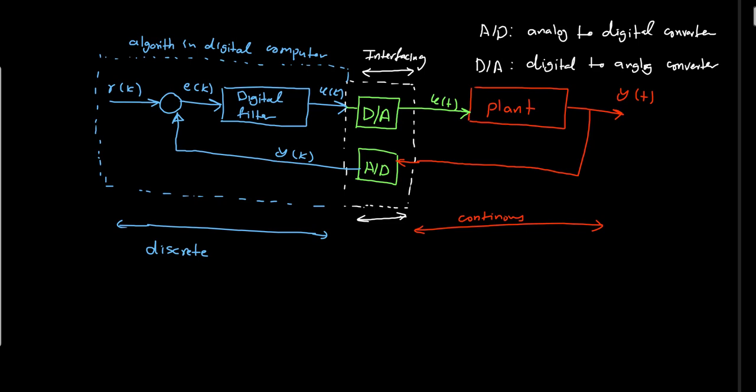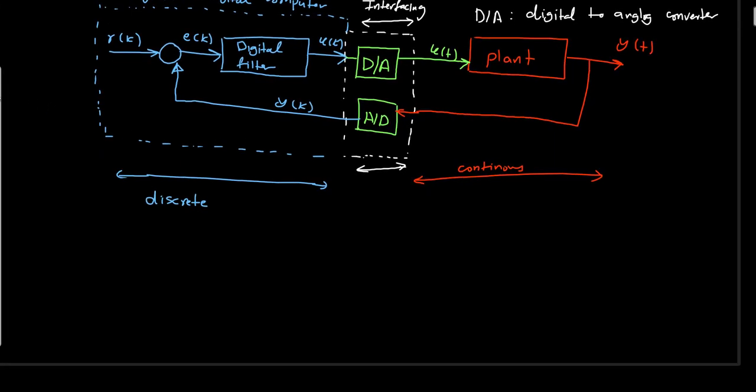Of course, I can have another configuration. One of them, for example, I only introduce, let's assume that I'm doing the comparison in time domain, so this would be R of t. This is Y of t. Here is E of t. Now I'm doing the digitalization here.